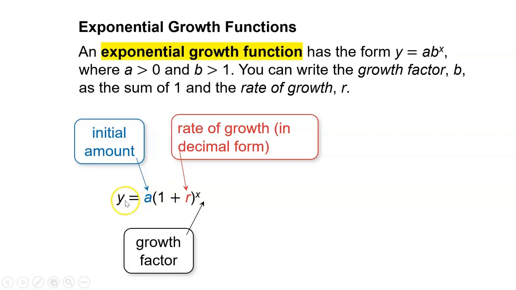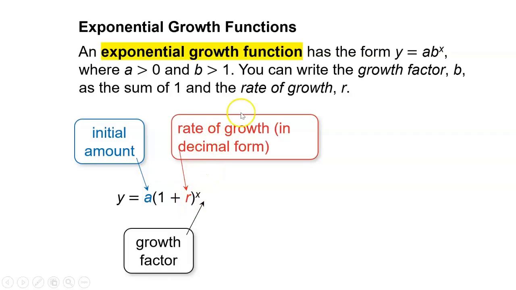Let's look at this. If y = a(1 + r)^x, this is actually the formula for exponential growth. Here a represents the initial amount. Now we have r, which is the rate of growth in decimal form.